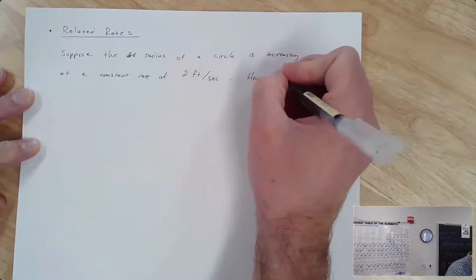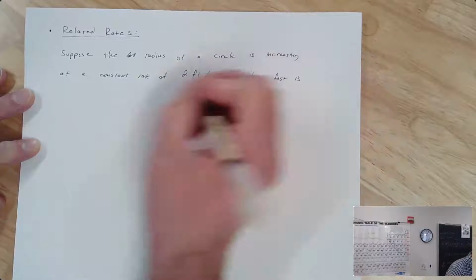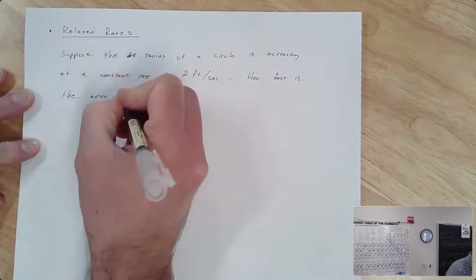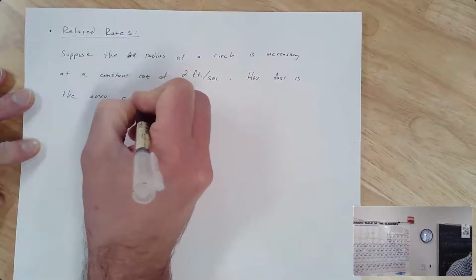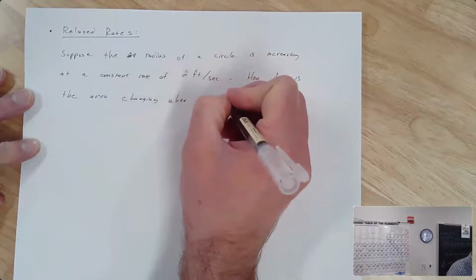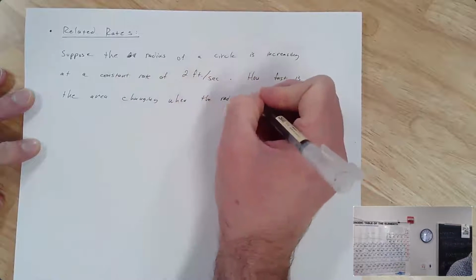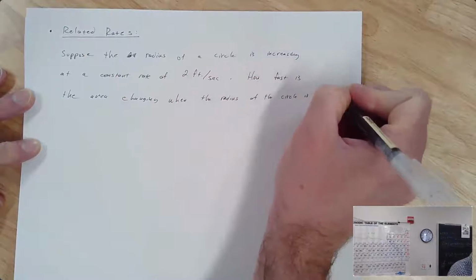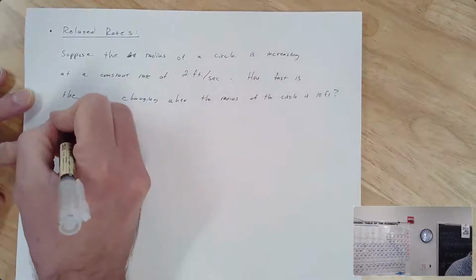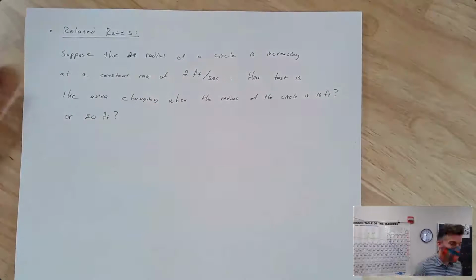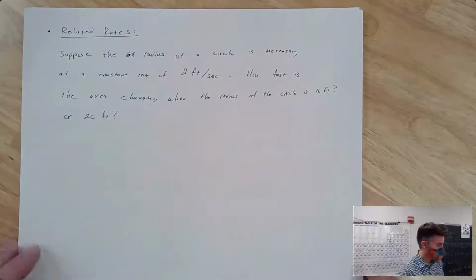How fast is the area changing when the radius of the circle is 10 feet? Or maybe even what if it was 20 feet? Okay, so that's our setup.